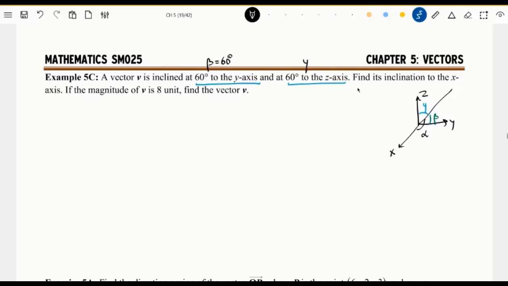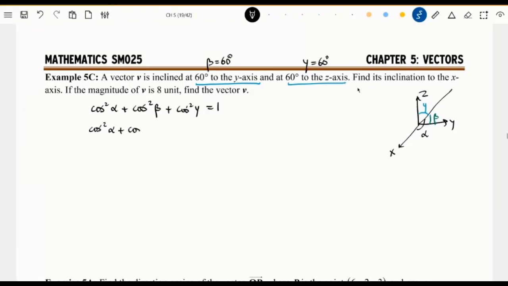Gamma. Okay. So we have the formula which is cos square alpha plus cos square beta plus cos square gamma equal to 1. So ini kind of identity lah. Okay. So kita sekarang dia nak cari alpha. So substitute nilai beta dulu.